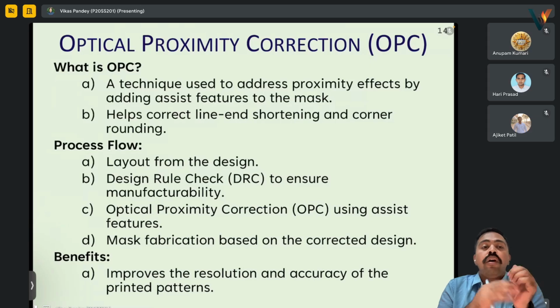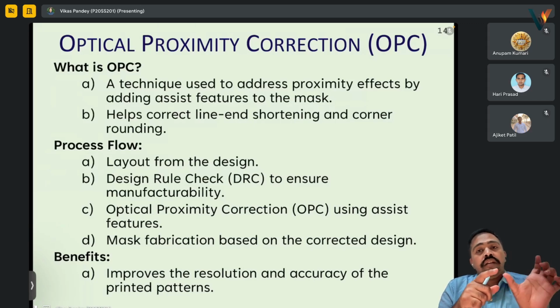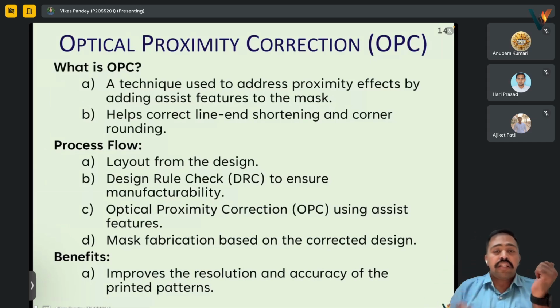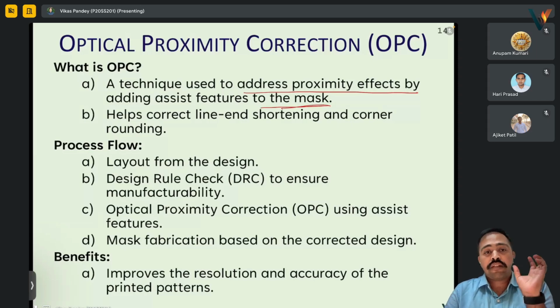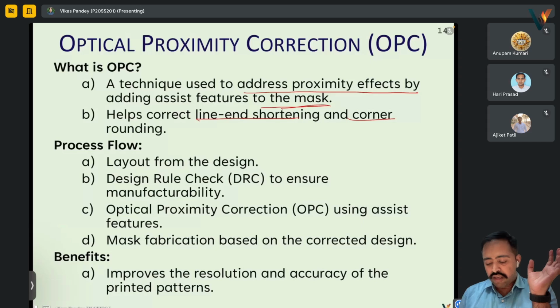So how do we tackle this problem? This whole tackling is under optical proximity correction. These are techniques used to address proximity effects by adding assistive features or additional features to the mask itself. It helps correct line end shortening and corner rounding.